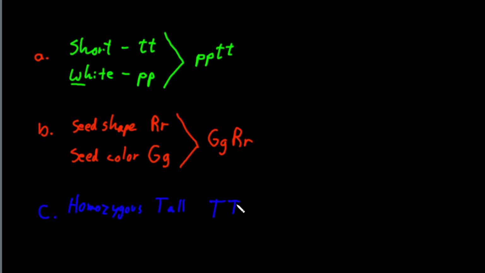Tall, capital T. So capital T, capital T. And wrinkled seeds. Remember that wrinkled is a recessive trait and is represented with an R, so it will have to be homozygous recessive, little r, little r. Again, let's put those together. And I'm going to, again, write them alphabetically and have r, r, T, T. Take a moment and see if you can fill in D through G.